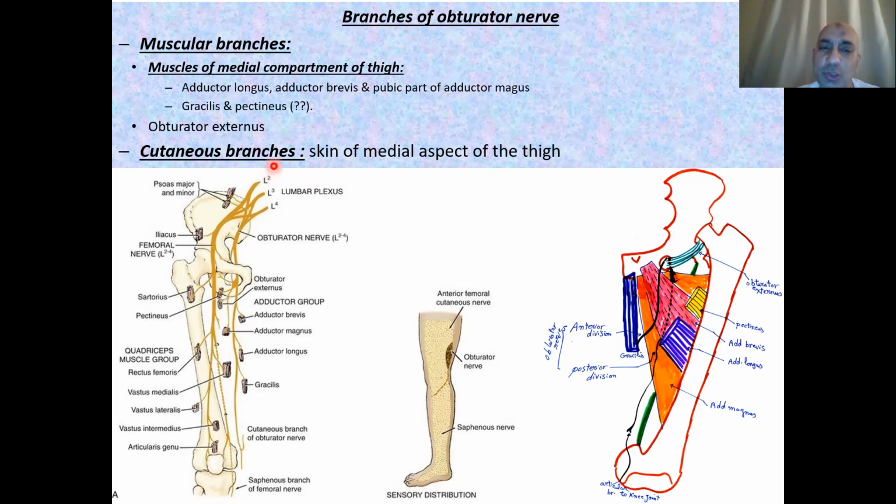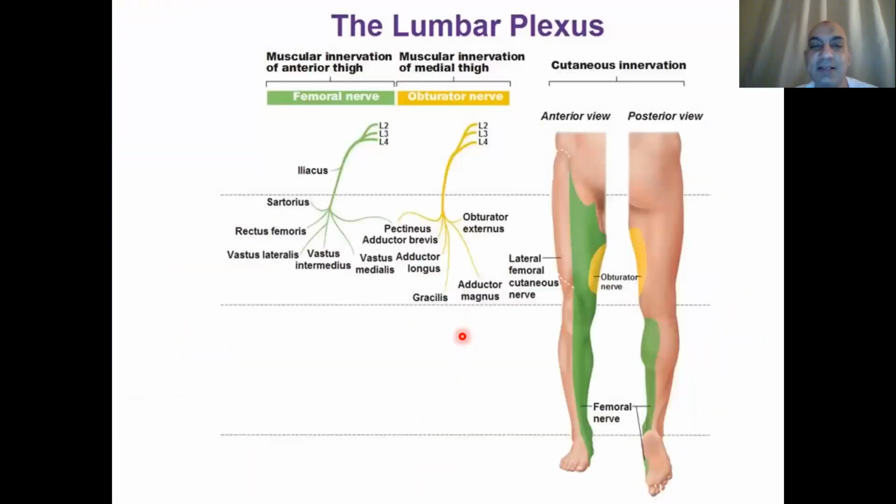About the cutaneous distribution, it supplies the medial aspect of the thigh. Try to remember, the skin of the medial aspect of the thigh is supplied by both the obturator and the femoral nerve. And both cutaneous branches form together what we call the subsartorial plexus.